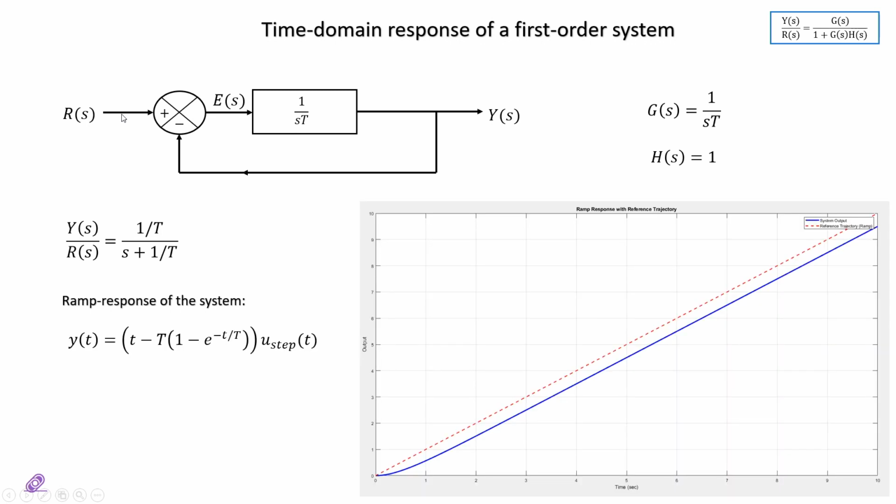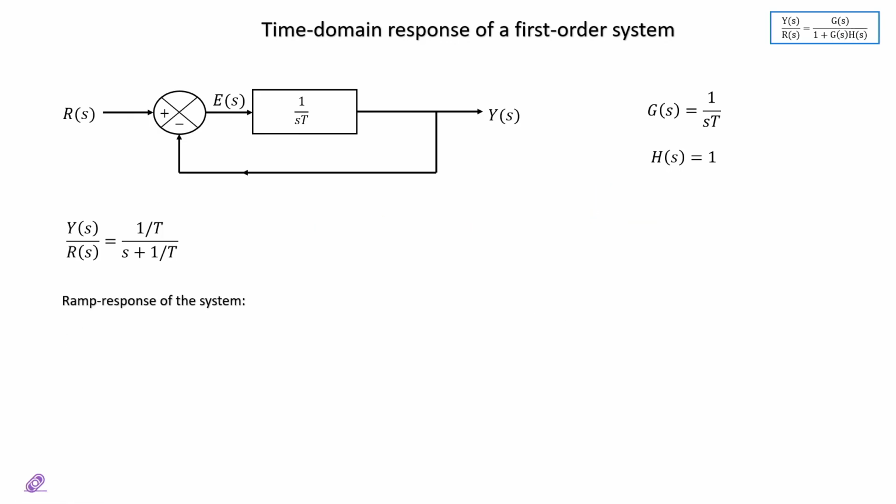So, basically we will write down Y(s) equal to 1 by (T s plus 1) by T into R(s), and since this is a ramp, R(s) in this case will be 1 by s square, because the Laplace transform of a ramp function is equal to 1 by s square. We had seen this while we were discussing Laplace transforms.